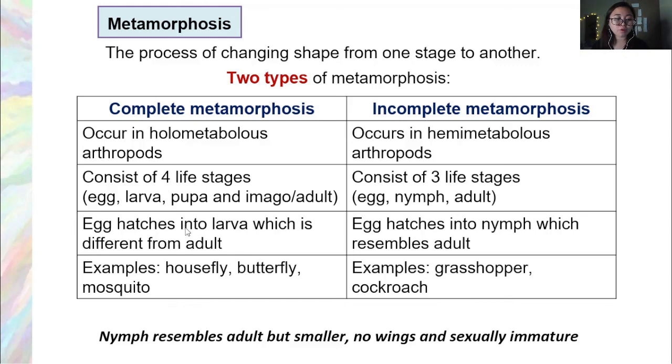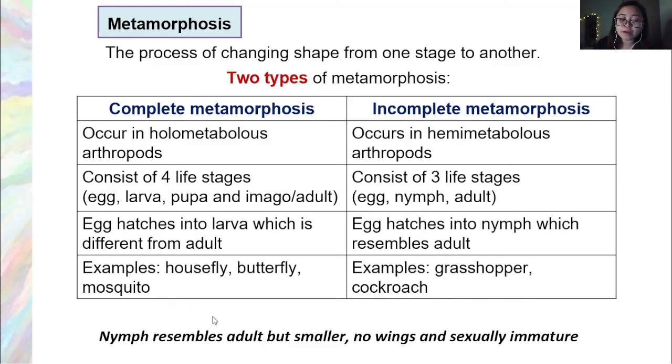The complete metamorphosis is what you learn about in primary school with the butterfly, from egg to larva, from larva to pupa, from pupa to adult. Okay. Incomplete metamorphosis is when it goes from egg into nymph into adult. So grasshoppers and cockroaches will follow this incomplete metamorphosis.